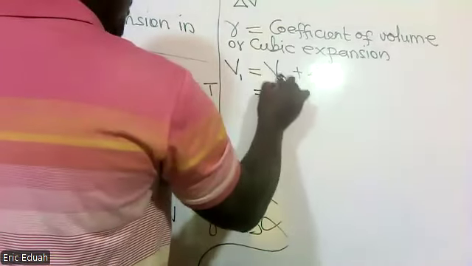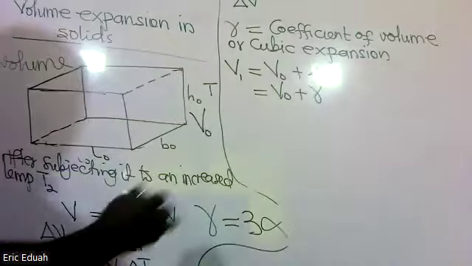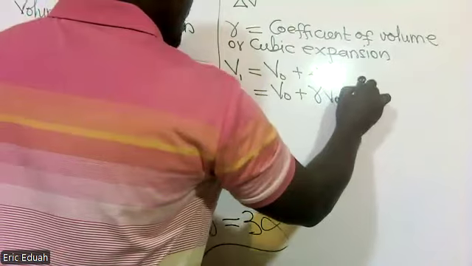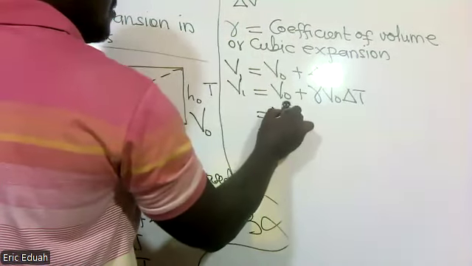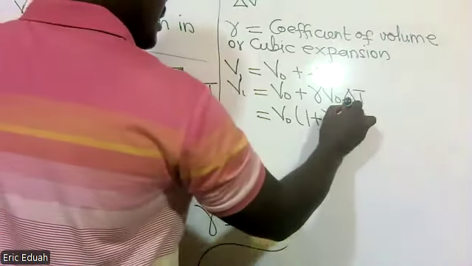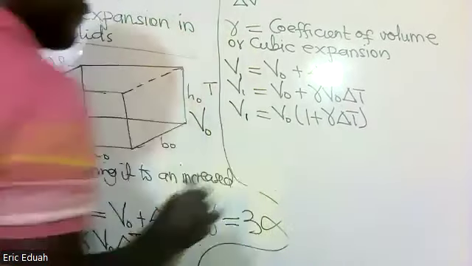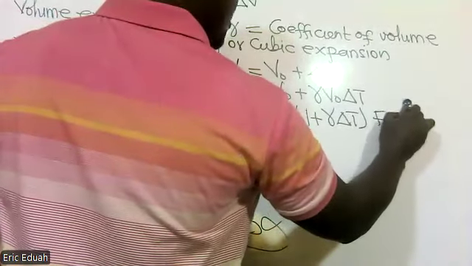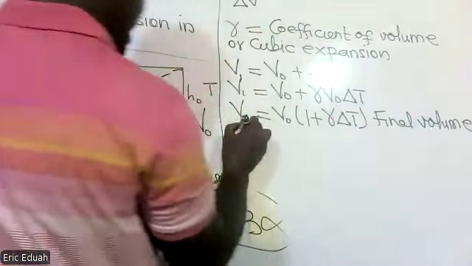Therefore, we have V naught plus gamma times V naught times delta T. And the new volume also becomes V naught times (1 plus gamma delta T). This is the expression for the final volume after expansion.